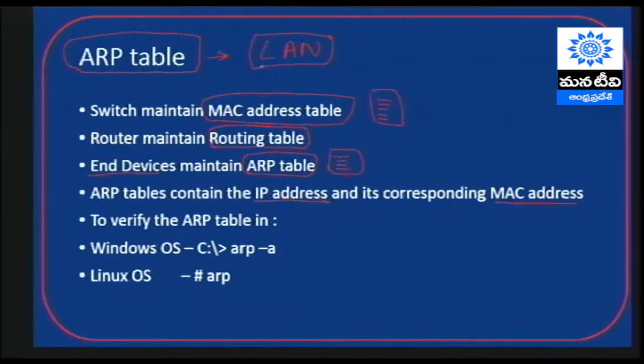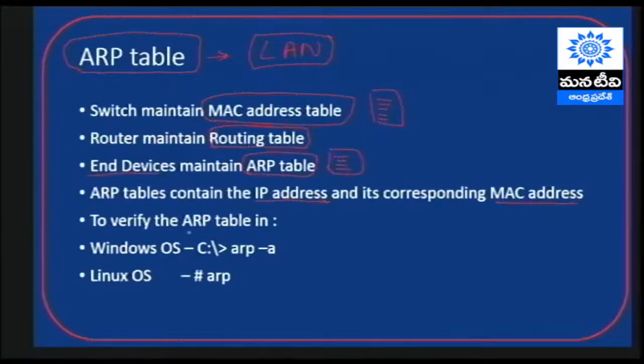It is working within the network only, because the router is a device which stops the broadcast and ARP is a protocol which works based on the broadcast. So, when a computer wants to know the MAC address of the neighbor computer, it will send a broadcast and it goes to all the devices in the network and the router will stop that broadcast. Router is a layer 3 device and a layer 3 device has a capability to stop the broadcast.